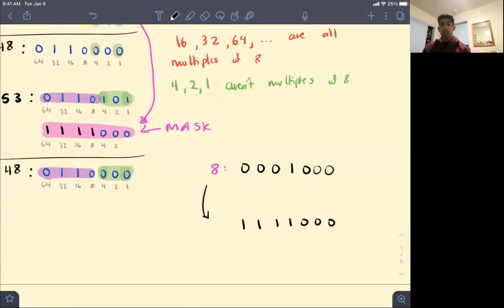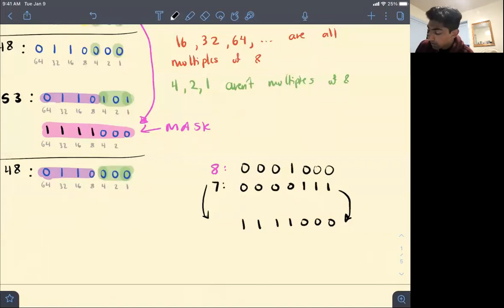Okay? So this seems a little tricky, but one thing to notice is that if I'm looking at the number 7, it's 0, 0, 0, 0, and then we have 1s in all of these spots, right? So going from 7 to this number is really easy, because all I have to do is flip the bits of 7, right?